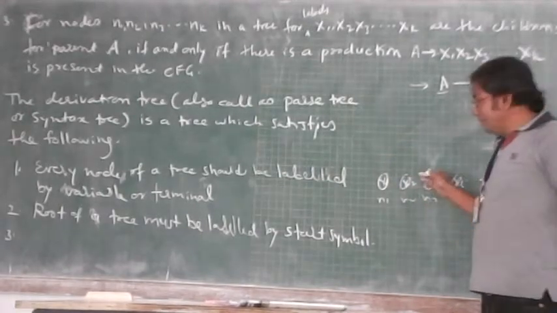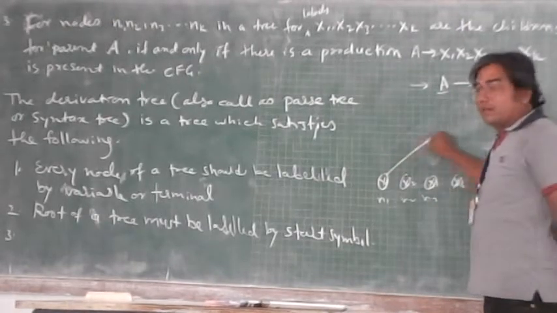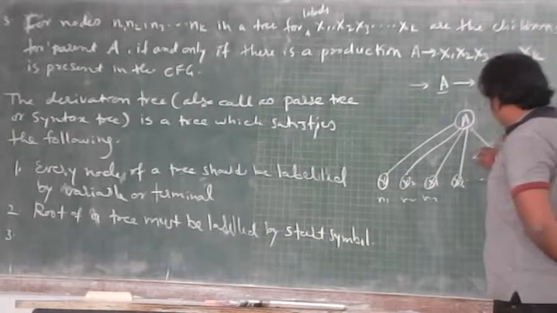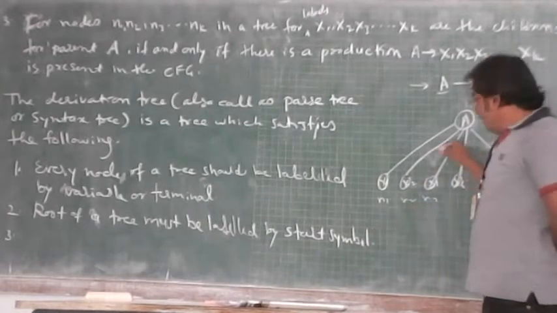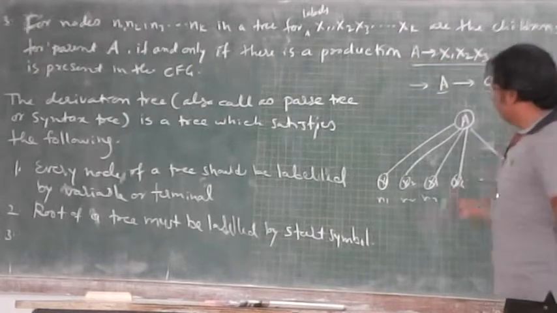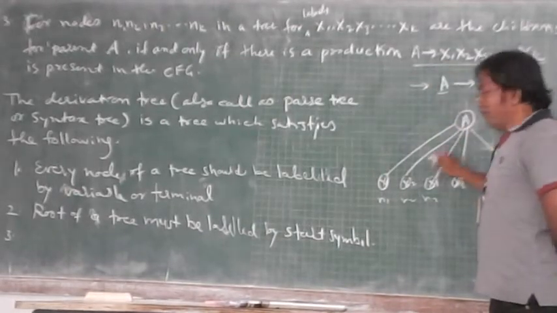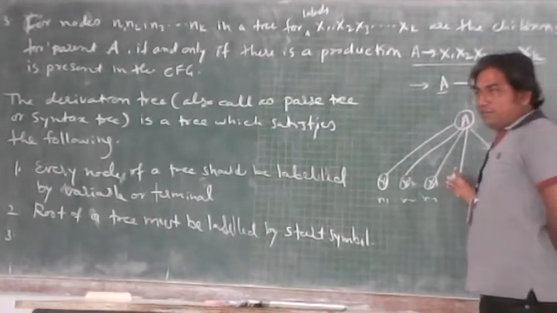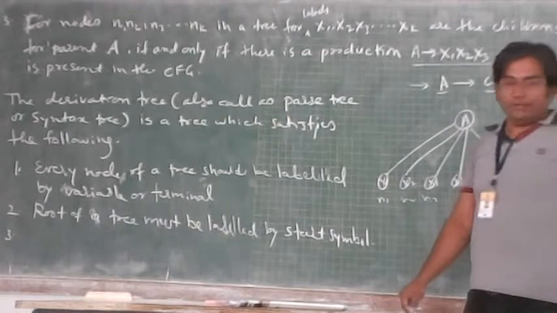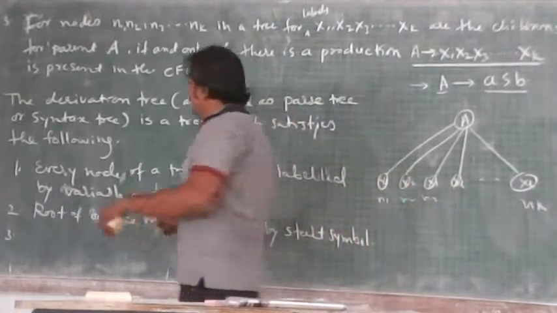And these nodes are the children of some parent, that is A. I can have this kind of arrangement if and only if there is a production of this kind. It clearly means that if I don't have this kind of production, then I cannot have this kind of arrangement. So to have a certain arrangement of subtree in your derivation tree, you should have this production. We will come to the example.